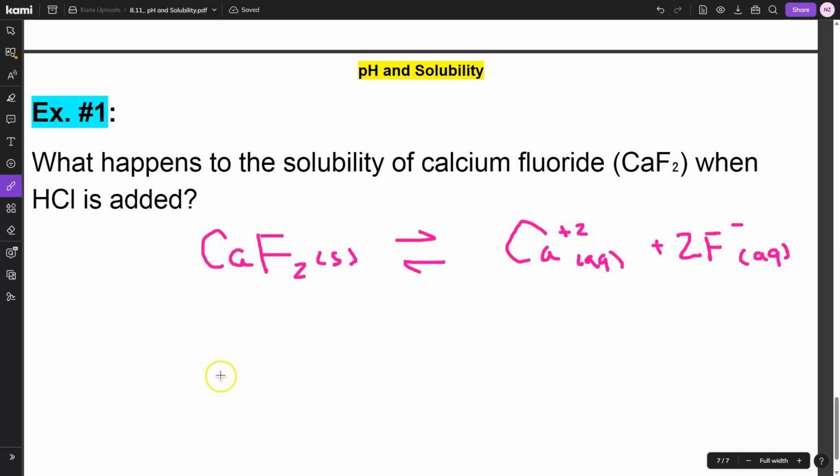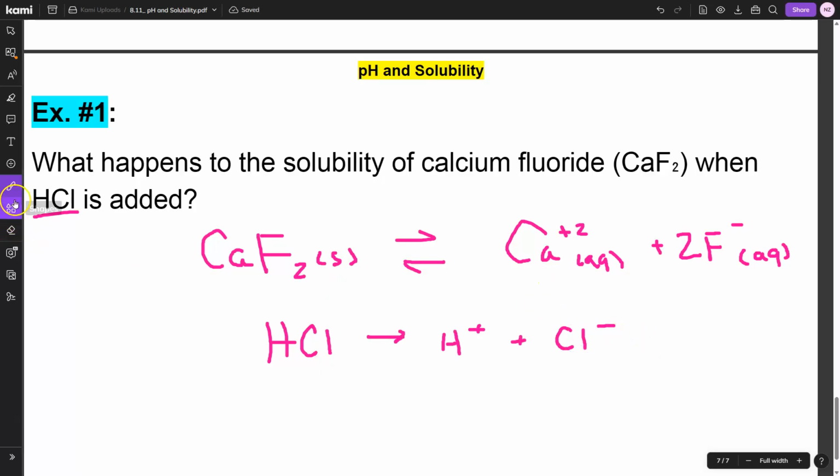HCl is going to dissociate into hydrogen ions and chloride ions if we're adding HCl. So you have HCl, and it's going to dissociate into H+ and Cl-.